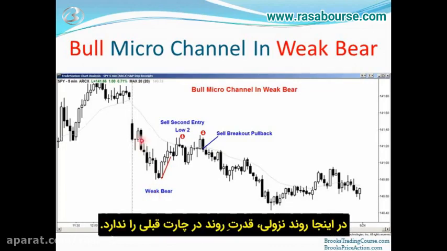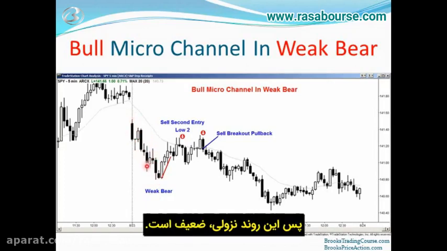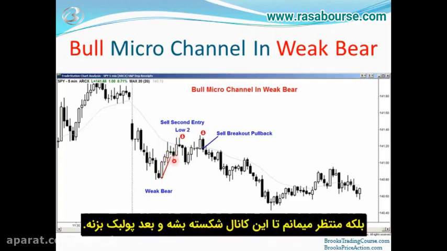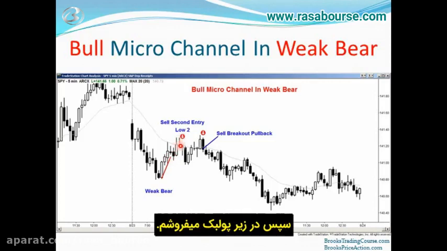For example, this bear trend is not nearly as strong as the prior one, so I would call it a weaker bear trend. And here you have 3 pretty strong bull bars. I would not take the short below this micro channel. I instead would wait for the breakout, wait for the pullback, and then short below the pullback.